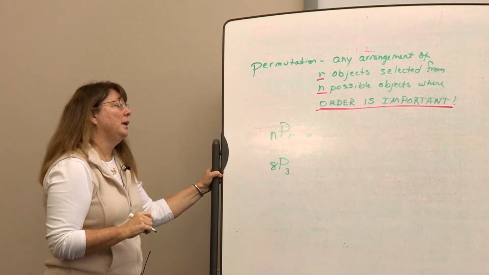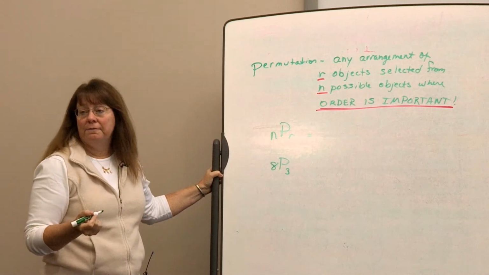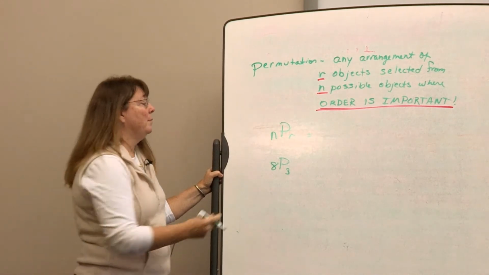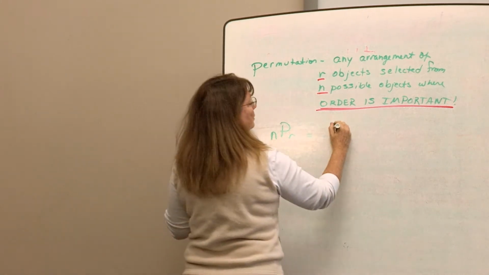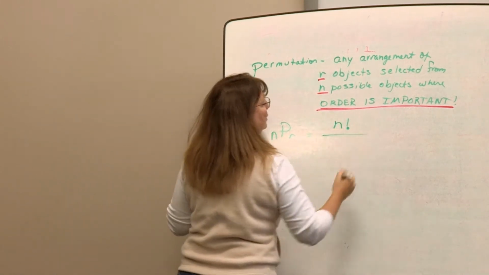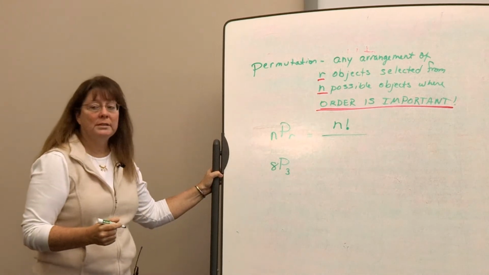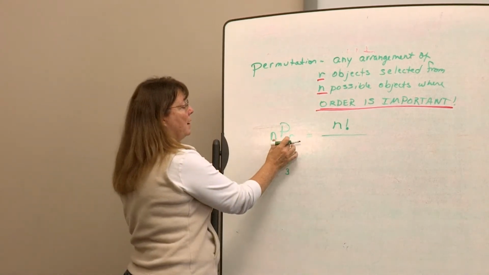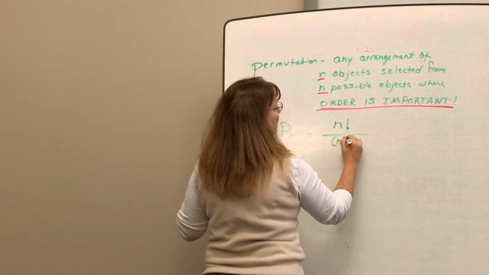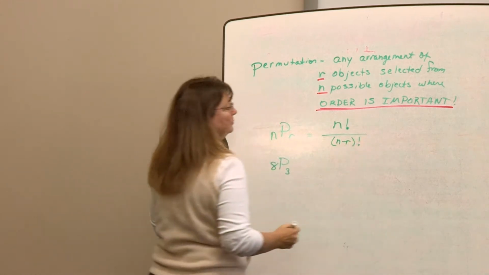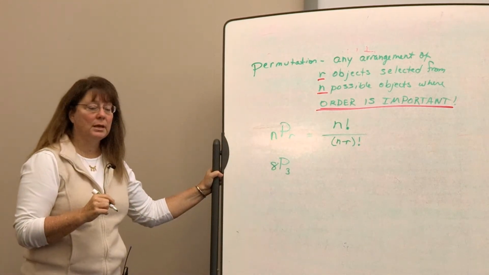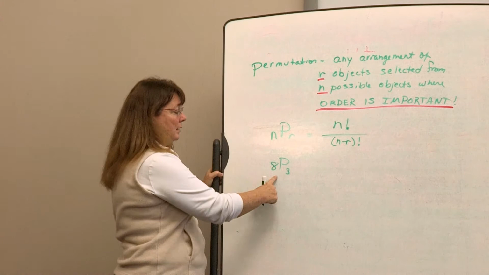The formula that we have is going to use the idea of factorials. They want to look at how many items you have total, and then we're going to divide it by n minus the number of items we're picking, as a factorial. So I'll show you what that looks like for our example.